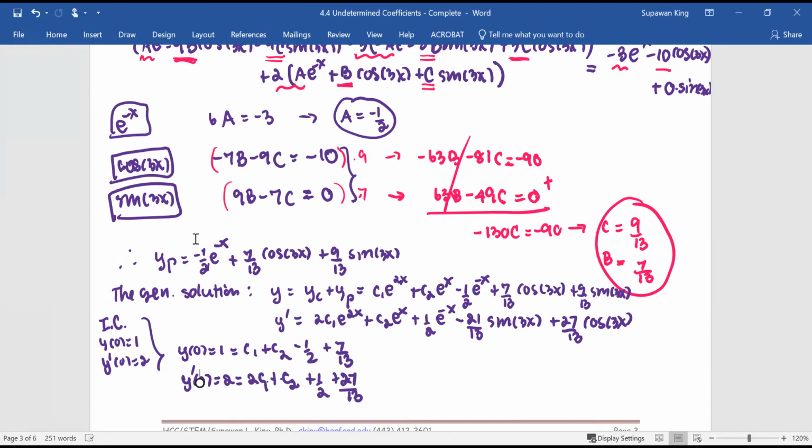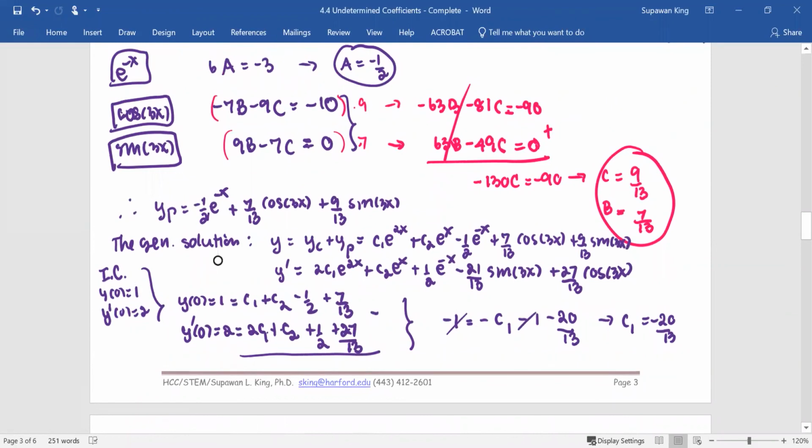So subtract these two equations to get negative 1 equals negative c1 minus 1 and 7 over 13 minus 27 over 13 becomes negative 20 over 13. Therefore, we get c1 as negative 20 over 13.